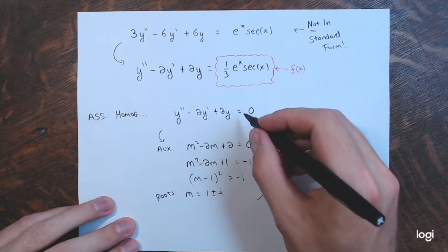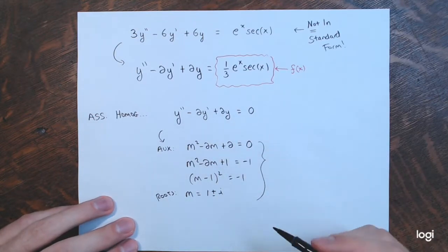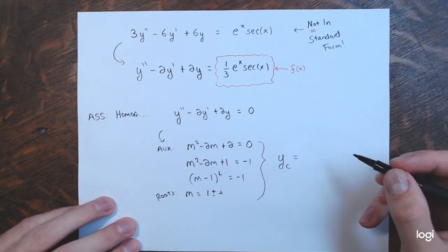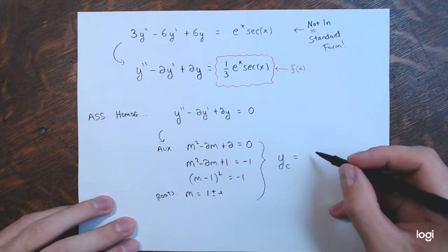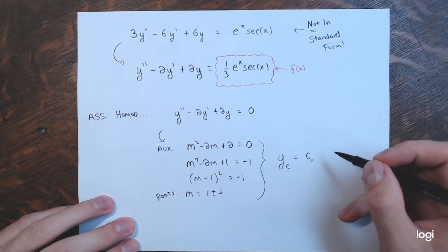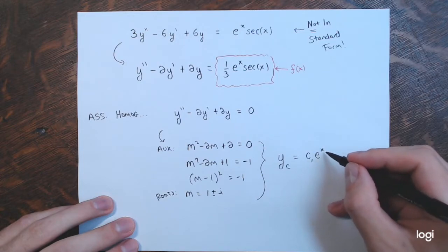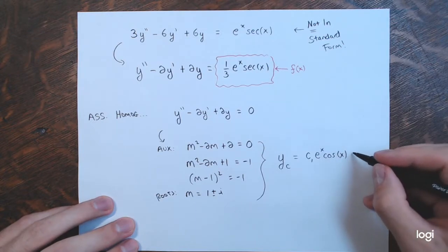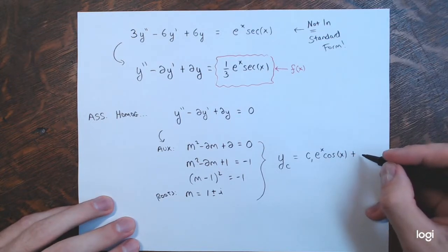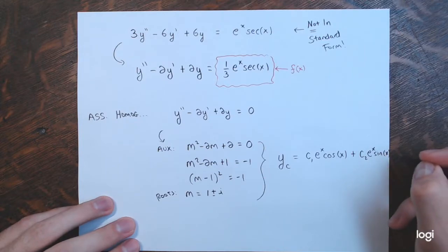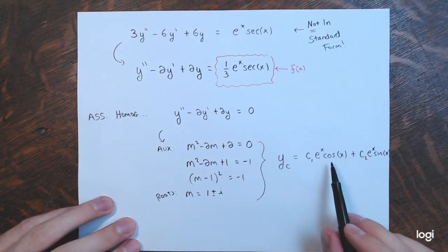So the general solution to the associated homogeneous equation, this complementary function yc, is going to be some constant c1 times e to the x cosine x plus some constant c2 times e to the x sine x.